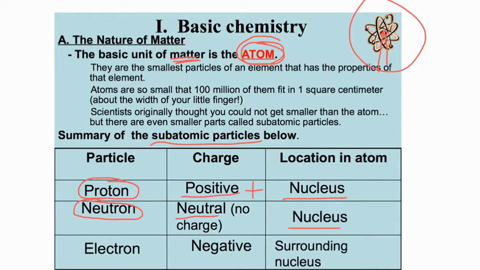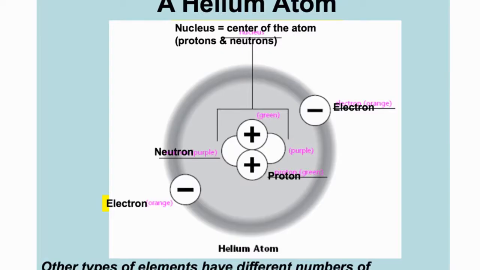And they're also located, just like the protons, within the nucleus. Now, another very, very important subatomic particle is the electron. Those guys have a negative charge. And those guys are flying around the nucleus in various levels or electron clouds. So the electrons would be these guys right here, flying around the nucleus. And a little diagram of a helium atom.